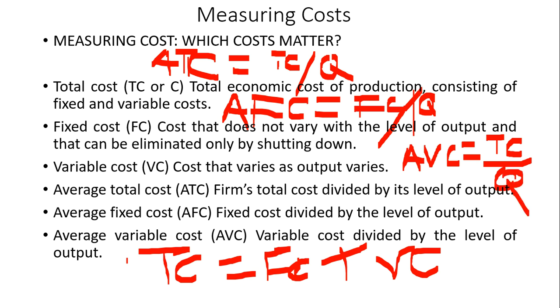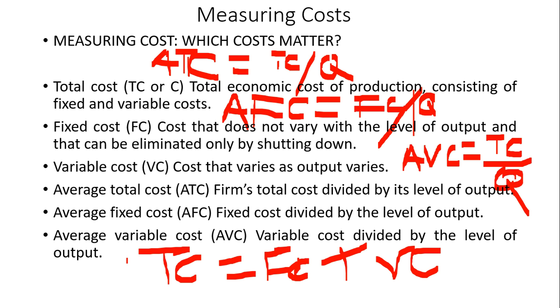So first of all, we have defined total cost. That total cost is equal to fixed plus variable cost. Two, we have talked about the fixed costs, that these are costs that do not change with the level of output, and they can only be eliminated by shutting down. Then we've talked about the variable costs, that these are costs that increase with the level of output.